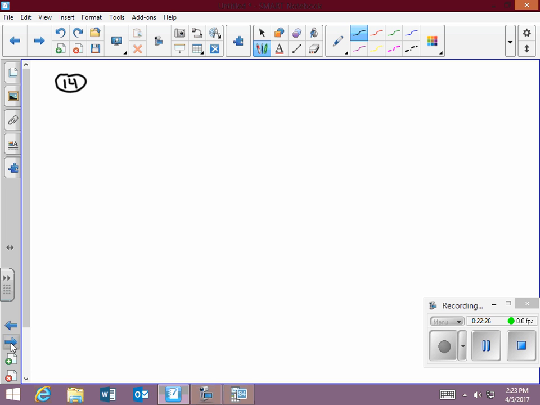So the formula we have is A of T equals A0 e to the kT. So they want to know what k is. Notice it says the half-life is 5.27.